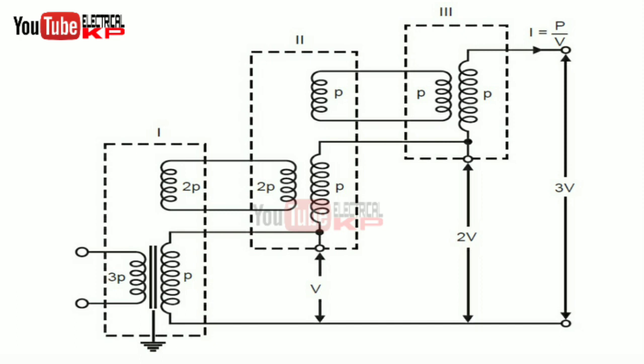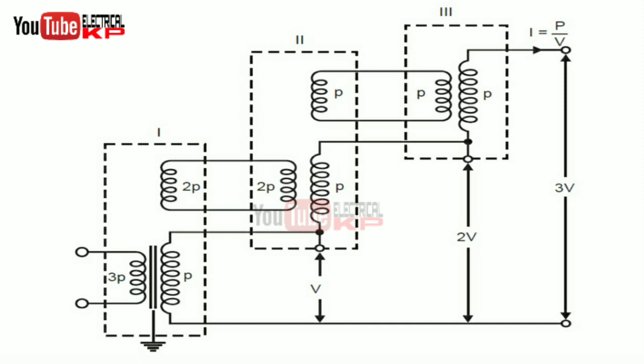As shown in this figure, the primary of the first stage transformer is connected to the low voltage AC supply. So the same AC voltage is available across the secondary of the same transformer, and the tertiary winding, or the exciting winding, of the first stage transformer has the same number of turns as the primary winding, and that tertiary winding feeds the primary of the second stage transformer.